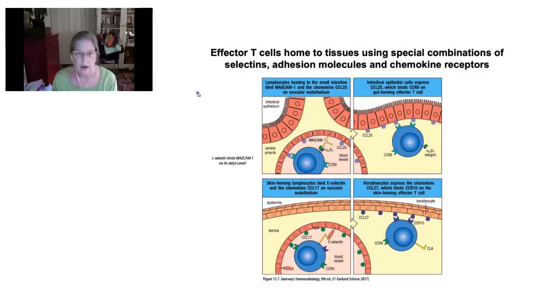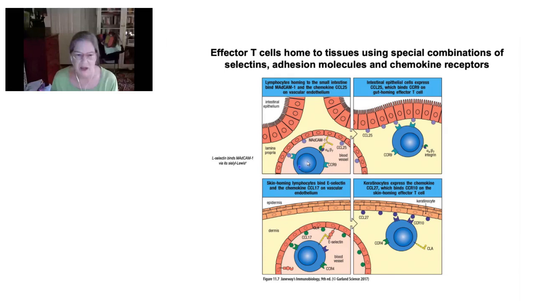Okay, so now that you know that part, let me just point out that effector T cells can home to tissues using special combinations of selectins, adhesion molecules, and chemokine receptors. So in this case, we're talking about T cells that were primed to home to the intestinal epithelium. So here is a capillary in the lamina propria. I think I showed you lamina propria before. Here's the intestinal epithelium, and this is supposed to be like a villus or something here.